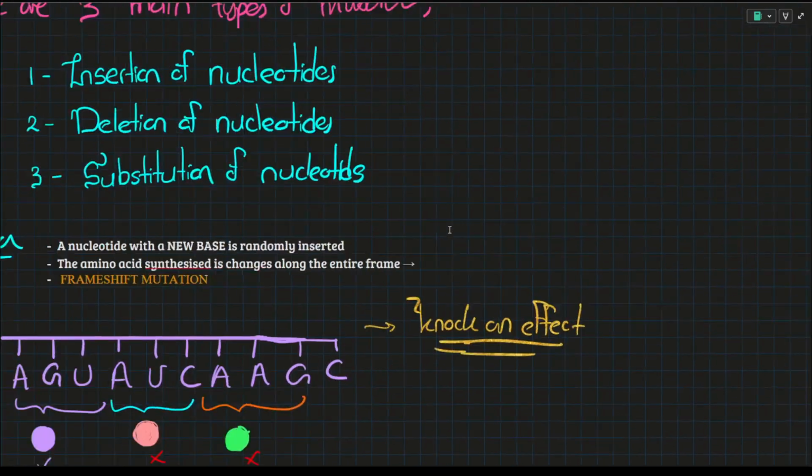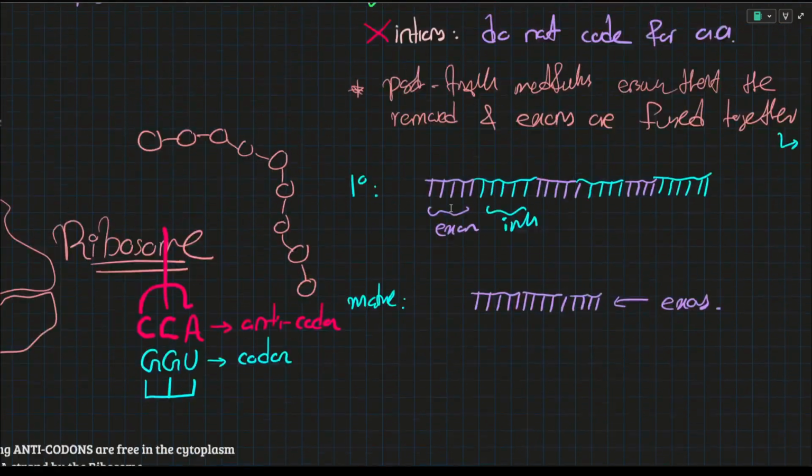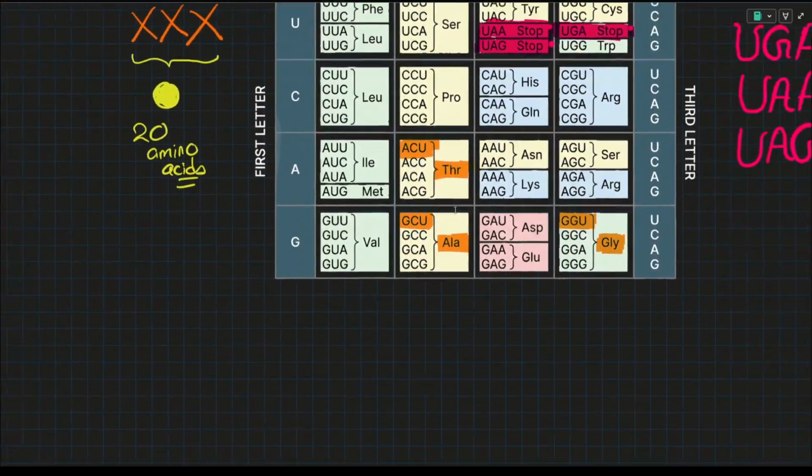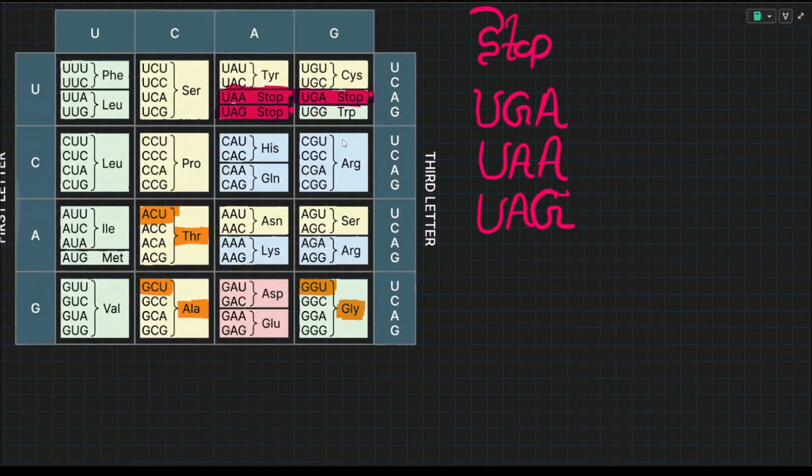Okay, let's look at this in this manner. We have to go back to our genetic code diagram. Now let's say something like this happens. I have this specific codon to be read. If you refer to the table, you'll see if I have CCU, I'm going to code for proline. So let's give proline this color.